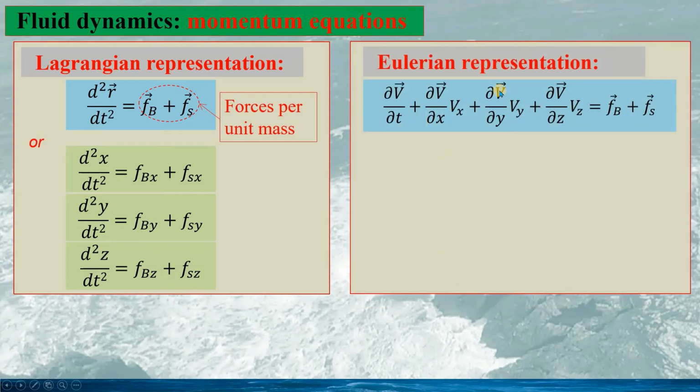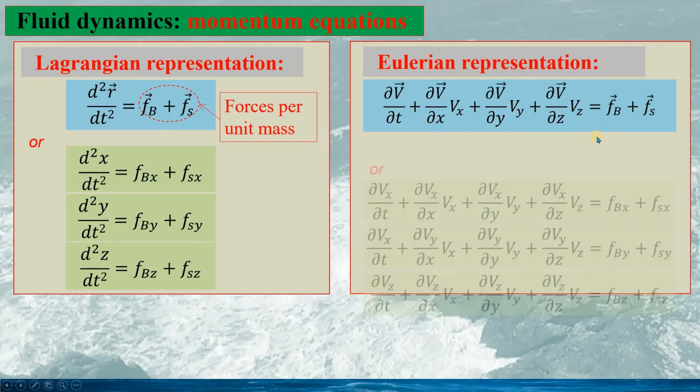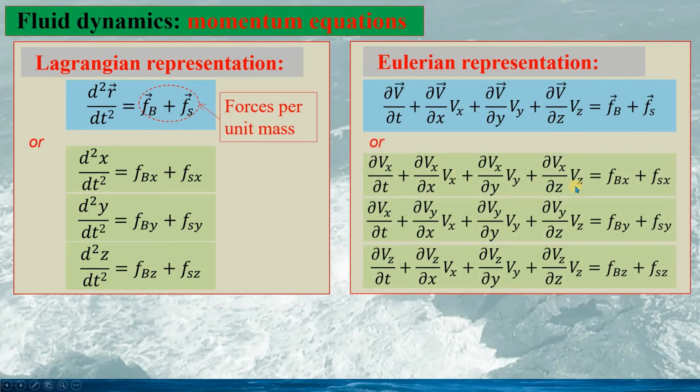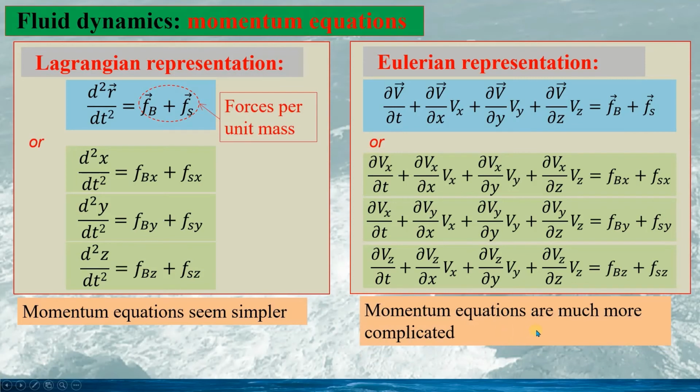However, if we look at the dynamic equation in the Eulerian representation, the expression should be given as this, or the component form for the momentum equation given as this. Superficially, the momentum equation in the Lagrangian representation seems much simpler, while the momentum equation in the Eulerian representation is much more complicated.